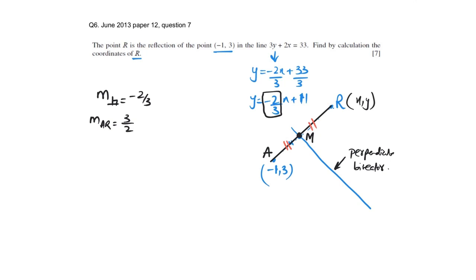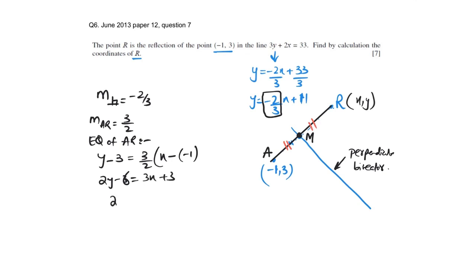If you want to form the equation of the line, the equation of AR would be y minus y1 equals m times (x minus x1). Alright, so this is the equation of AR.